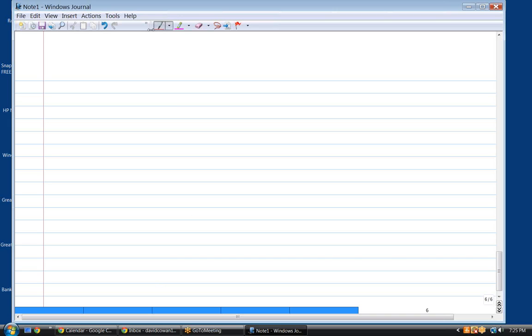So let's find all solutions of the equation in the interval 0 to 2 pi. Sine of x over 2 plus cosine x equals 0.